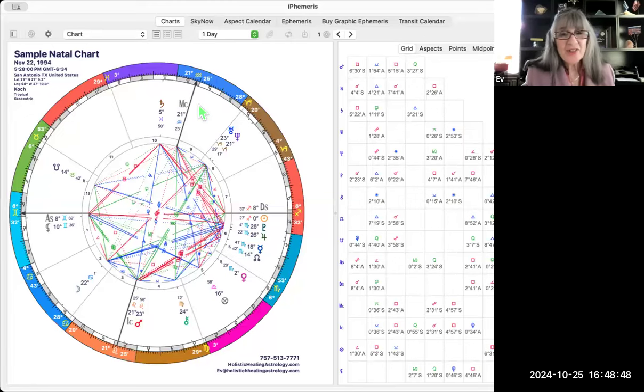Like any language, we have to be very careful what we tell ourselves about our chart. So we can't say, oh, I have Pluto next to my sun and I'm in big trouble because Pluto is next to my sun. No, that could mean that you're going to be a wealthy millionaire, billionaire.